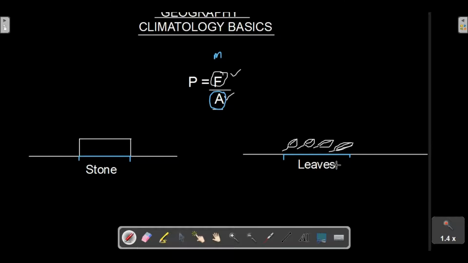For these two objects, you know that the stone is made up of tightly stacked material. When it is tightly stacked, we say that it is dense. It's made up of many particles that are close together, and that makes the whole stone heavy and dense.